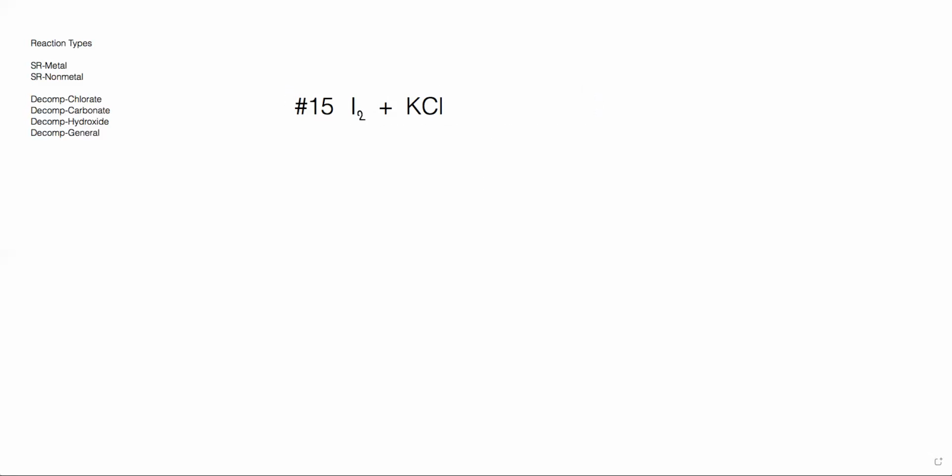It is going to be single. Yep, you're right. It is single replacement. We have two reactants, so that's how we know it can't be a decomposition. So we have iodine reacting with potassium, and then Cl is going to be chloride.